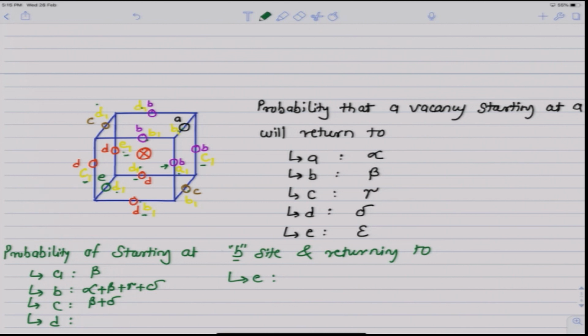So, this should be equal to beta plus gamma plus delta plus epsilon, and vacancy starting at B and returning to an E site is same as vacancy starting at A1 and returning to D1. So, this should be equal to delta. Now, this is how we can find the new probabilities.